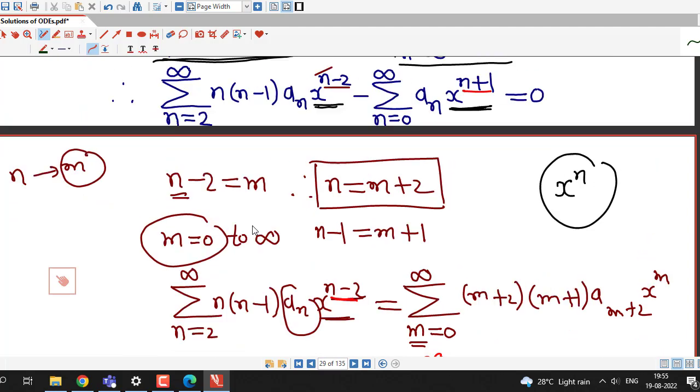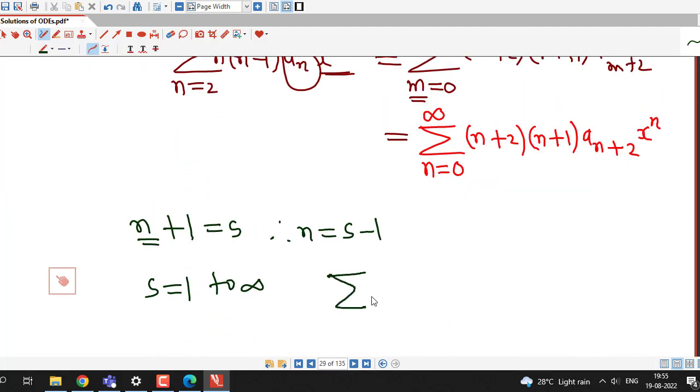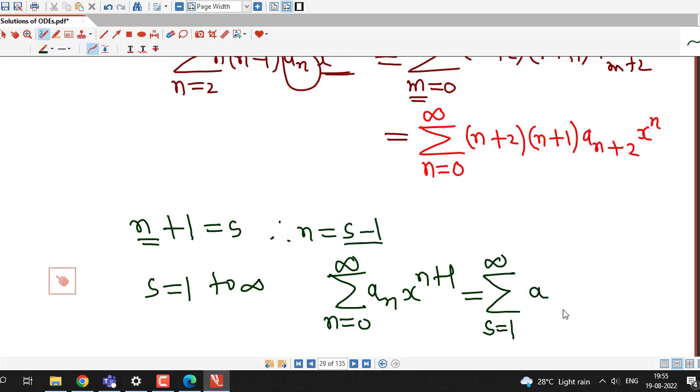So now we write this summation sigma an x raised to n plus 1, n is from 0 to infinity. This we are converting in terms of s. s is from 1 to infinity. a suffix n, n is s minus 1, and n plus 1 is s.